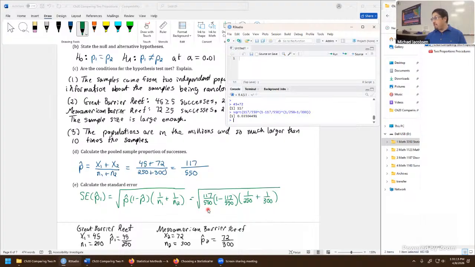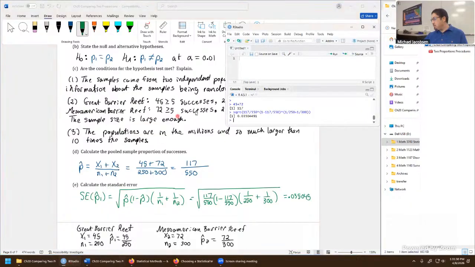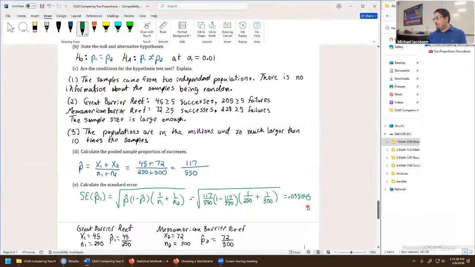And that's our standard error. So let's pull this in, 0.035045 upon rounding. And let me double check my numbers as usual, 0.035045. Okay, I think I've got it.